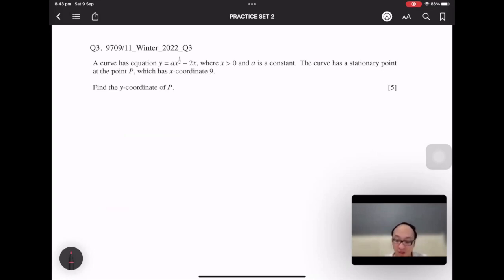From this stationary point, we have dy dx equals to 0. So first we have to find the dy dx. The dy dx of this is half a x to the minus half, minus 2, equals to 0.